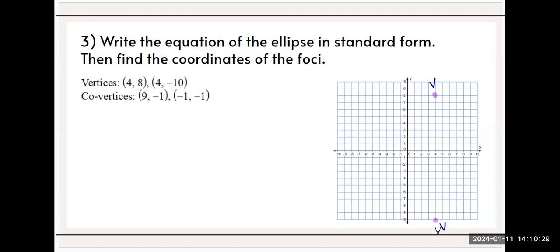Let's see, from -10 to 8 is 18, so half would be 9. So we can count up 9 or down 9. Right there is the center. From here, we're also going to be able to find A, right? Because A is from the center to the vertex.